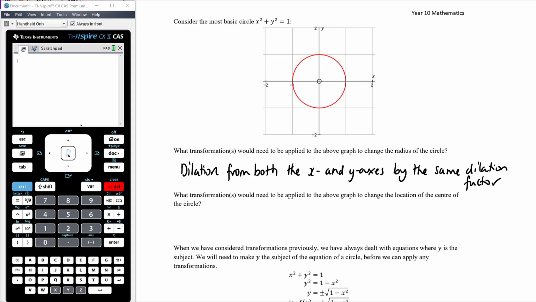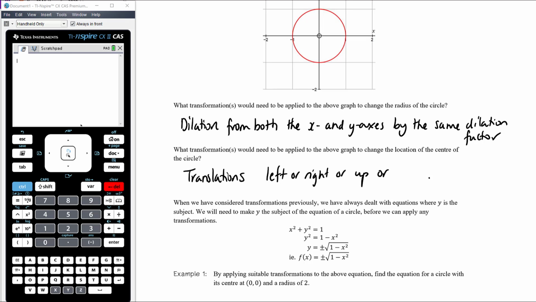Okay, so we would need translations. Left or right and or up or down.